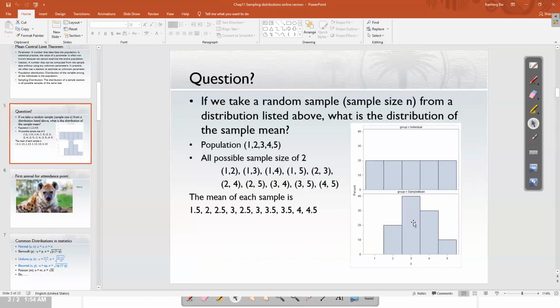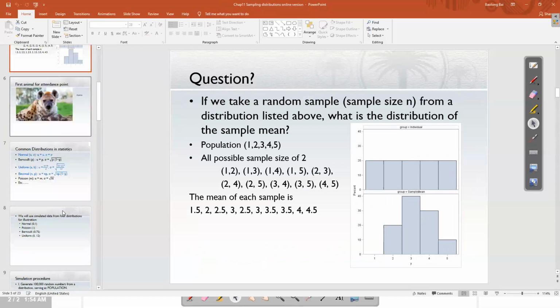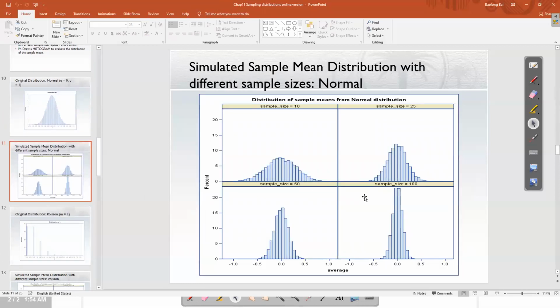So when you look at the distribution of X bar when sample size is 10, what does it look like? We have a symmetric bell-shaped distribution, right? That's a signature of a normal distribution. And once it looks like a normal distribution, it always looks like a normal distribution afterwards, right?